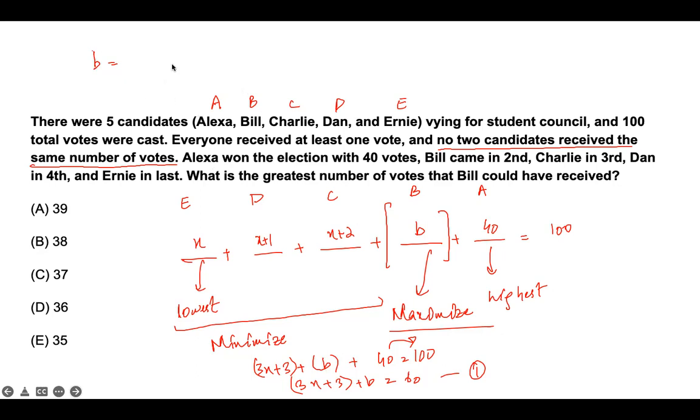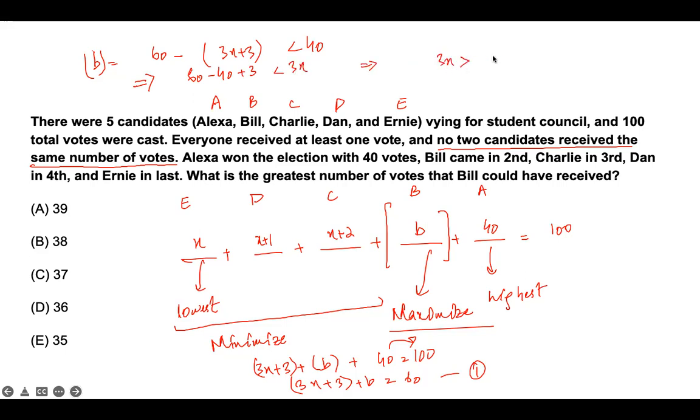That will be 60 minus the first 3, which is X plus X plus 1 plus X plus 2, which is 3X plus 3, and this whole must be less than 40, because this is the vote for Bill, and that has to be less than 40 because of the constraint that we can't have the same number of votes. So based on this, 60 minus 40 minus 3 is less than 3x.